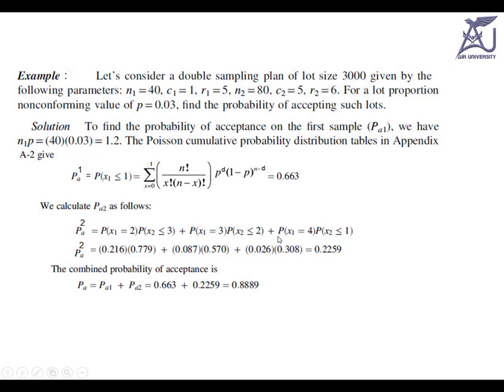You will find D1 is equal to 3 and D2 is equal to 1. Okay, and here D1 is equal to 4 and D2 is equal to 1. Okay, 4 plus 1 is equal to 5. But, sorry, I think nothing has been missed, because you are saying 3 plus 2 is equal to 5, and then in the first sample D is equal to 4 and D2 is equal to 1.